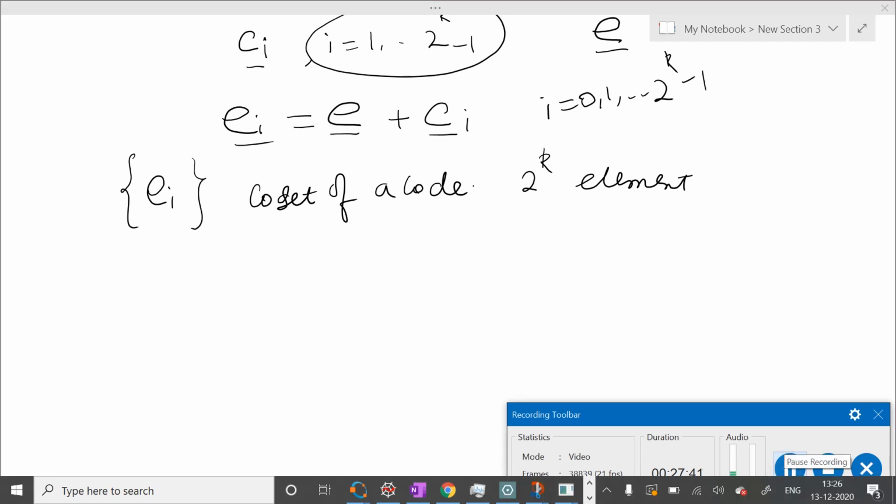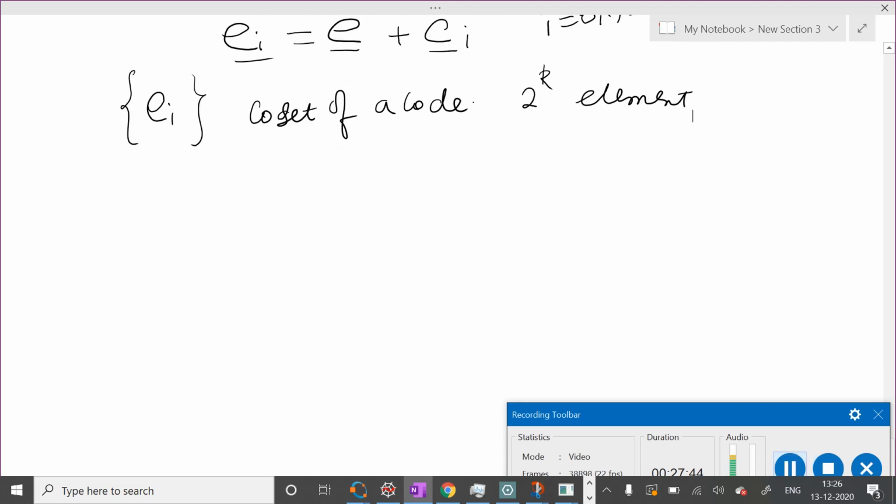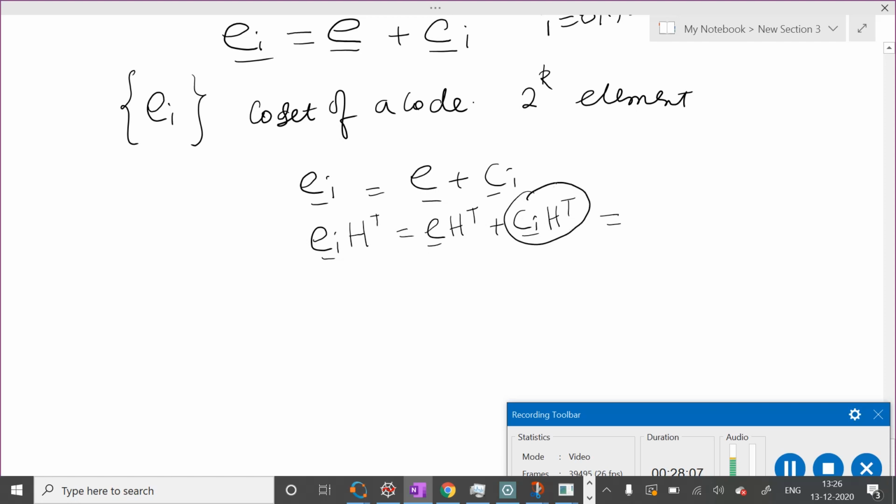And it has one important property. If I take this Ei equal to E plus Ci and post multiply by H transpose, so EiH transpose is EH transpose plus CiH transpose. CiH transpose is 0 because they're code words, so it is EH transpose.